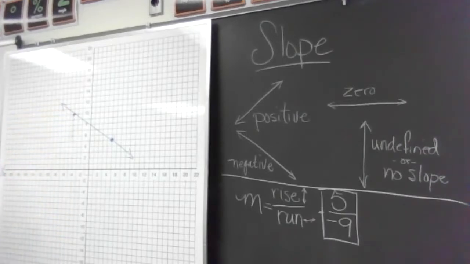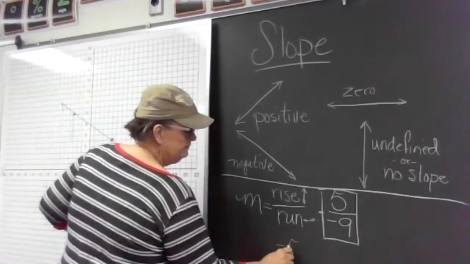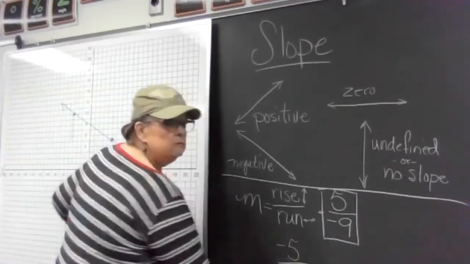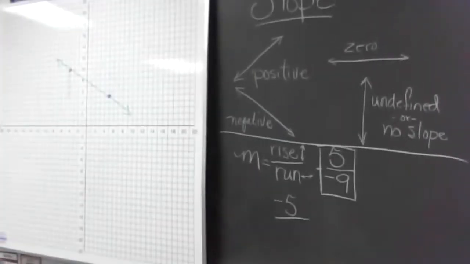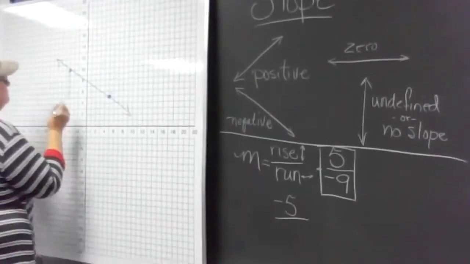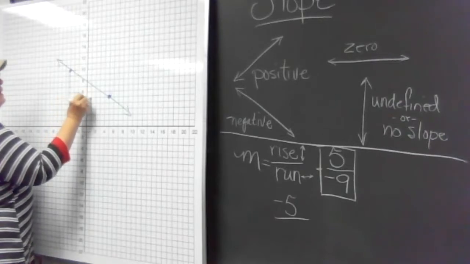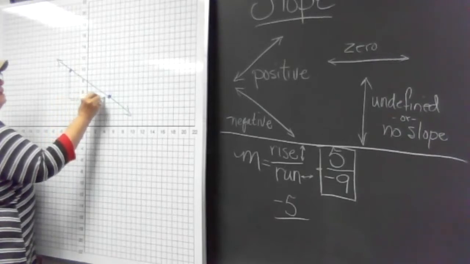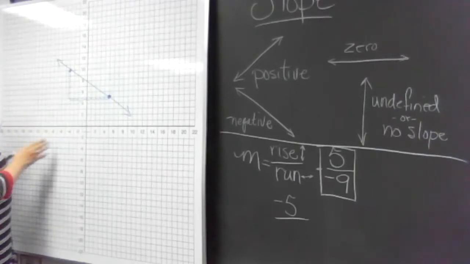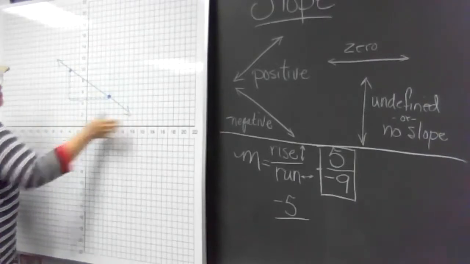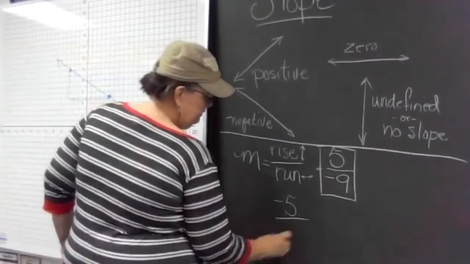So I have a negative 5. And then I turn and run. 1, 2, 3, 4, 5, 6, 7, 8, 9 blocks. And you notice the direction that I went was in the positive direction this time. And so it's a positive 9.